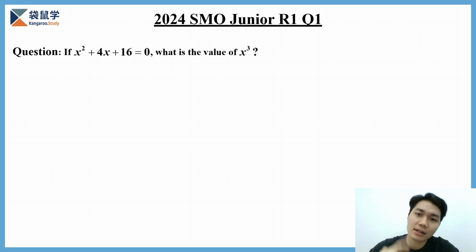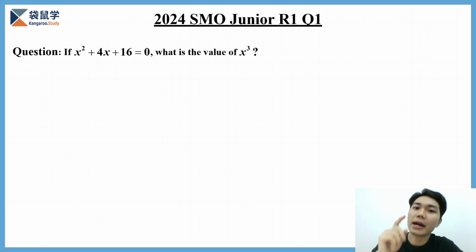And most of us have not learned how to solve this before. This is called a quadratic equation. And even if you know how to solve a quadratic equation, you can see this is a very challenging one to solve. So, how else can we find the value of x cubed?